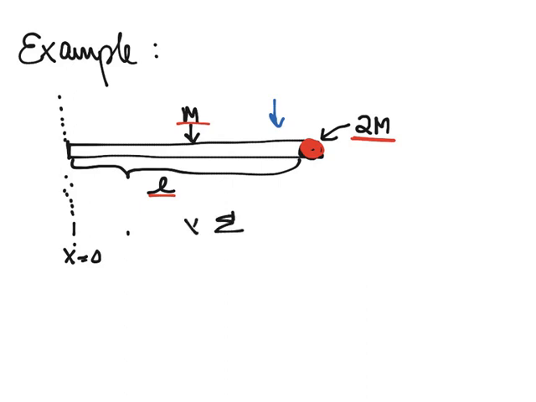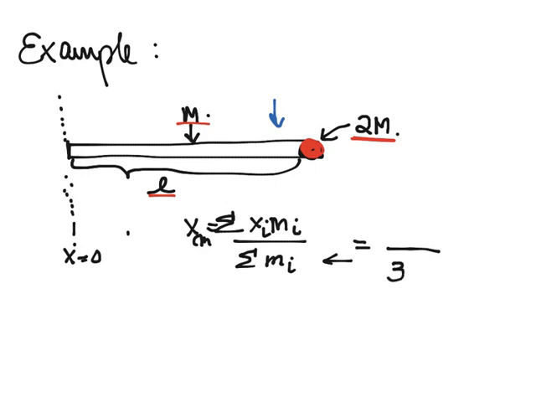We have XCM is equal to sigma x_i m_i divided by sigma m_i. The denominator, again, is just all the mass added up. So in this situation, I have M plus 2M, and in my denominator, I have 3M.